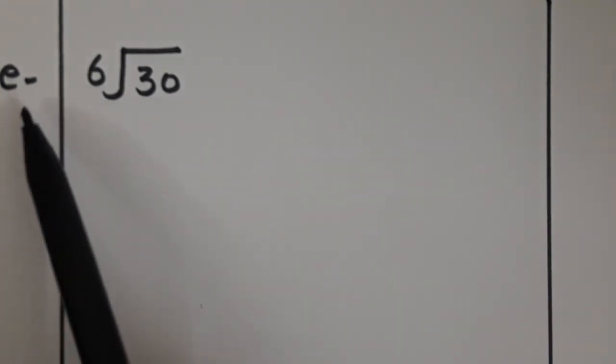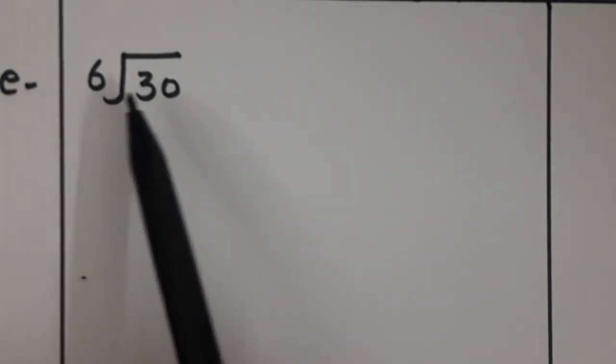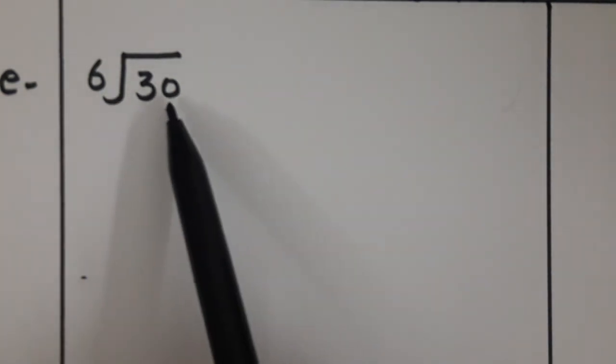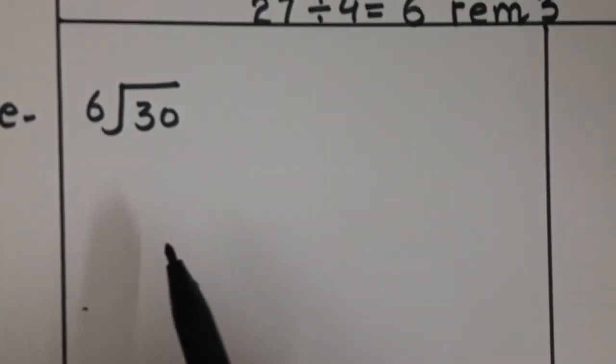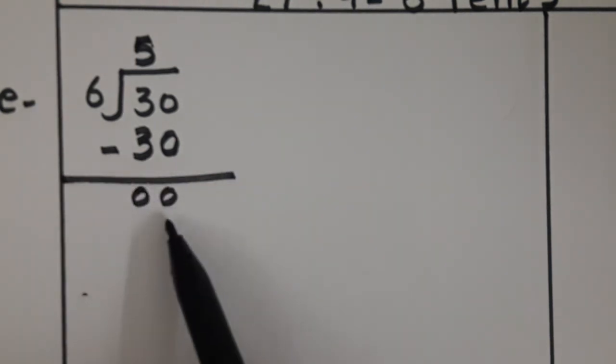Okay students, next part E: 30 divided by 6. So students, here read the table of 6. Can you find the answer 30? Yes, in the table of 6 you can find 30. 6 fives are 30. So when you subtract, you will get no remainder.